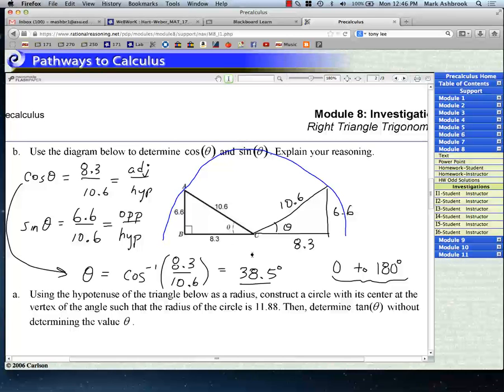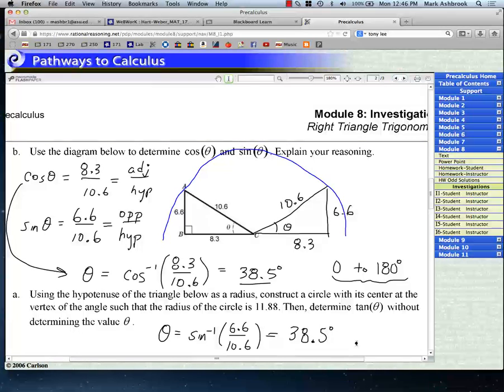If we do the arc sine, we ought to get the same thing. So if we do the inverse sine of the vertical distance in radius lengths, or opposite over hypotenuse, you get the exact same number.